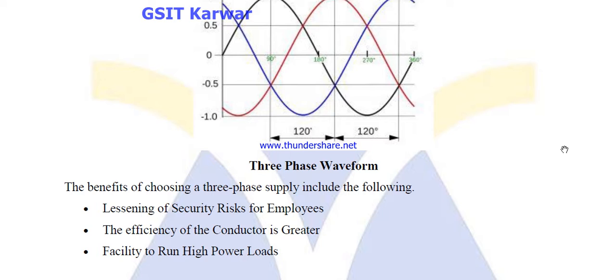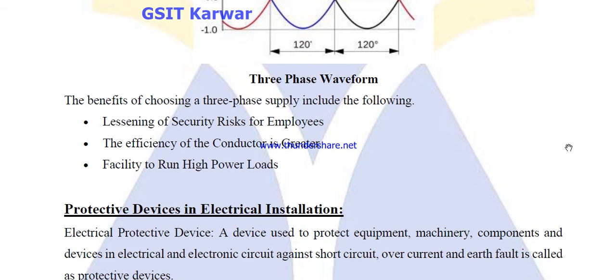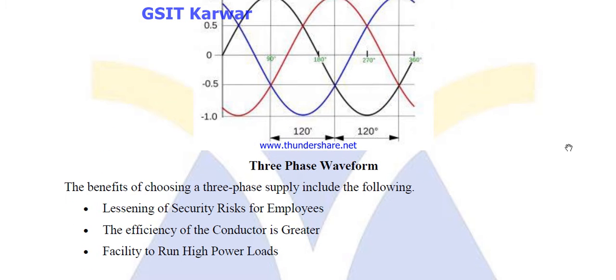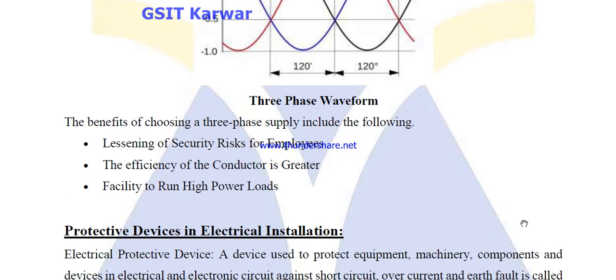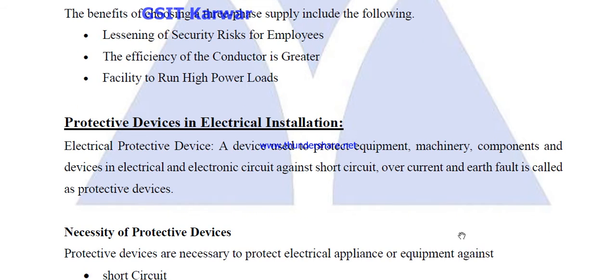Facility to run high power loads. High power loads means, for example, heavy motors, which require a high power supply, that means three-phase supply.